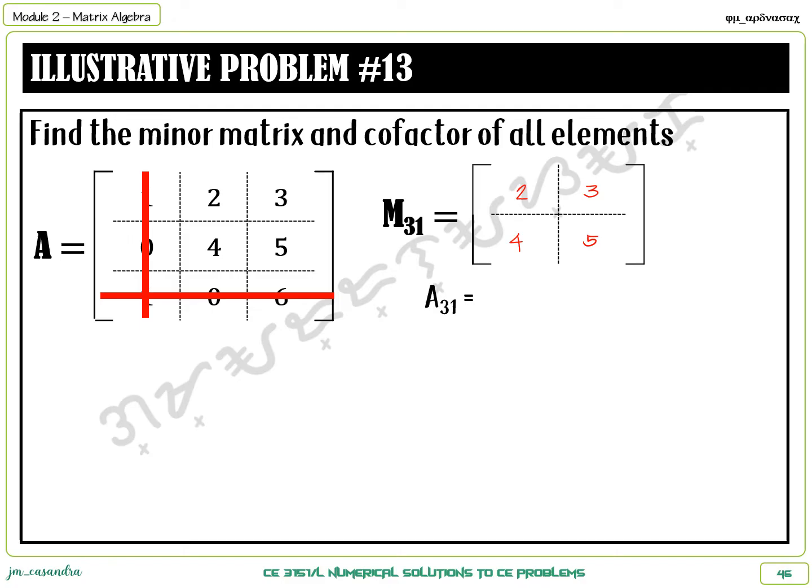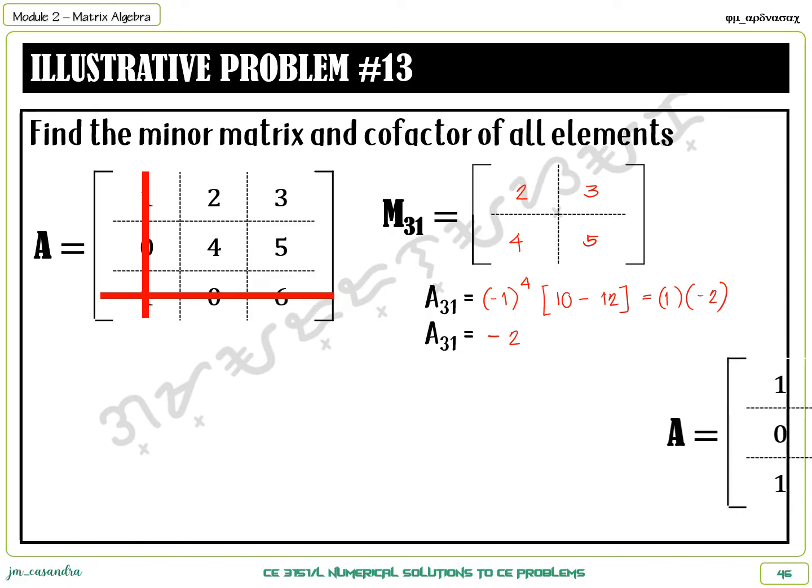For the cofactor value, that is -1 raised to 4 multiplied to 2 times 5 minus 4 times 3, that's 12, which is now equal to +1 times -2. So for A31, that is now equal to -2.